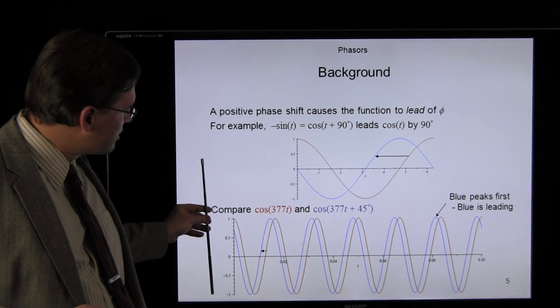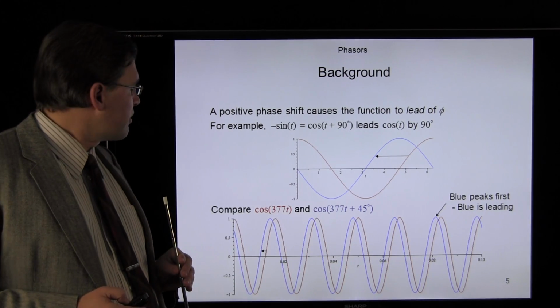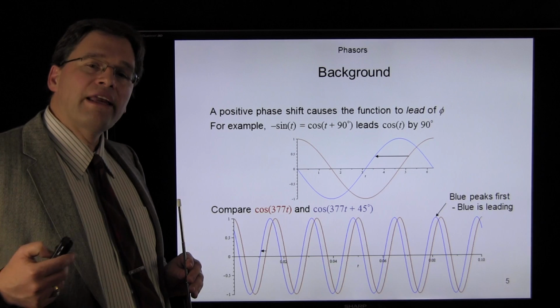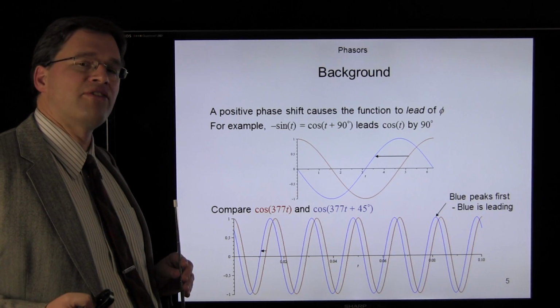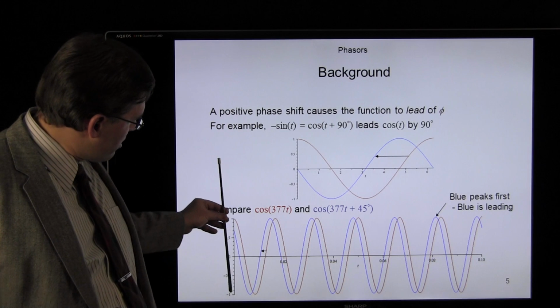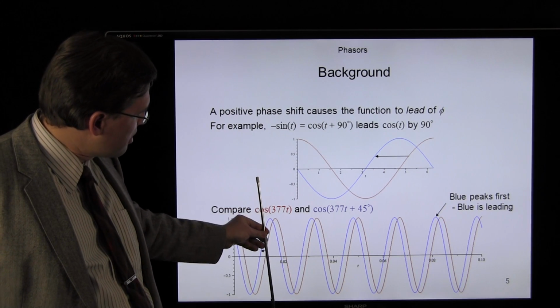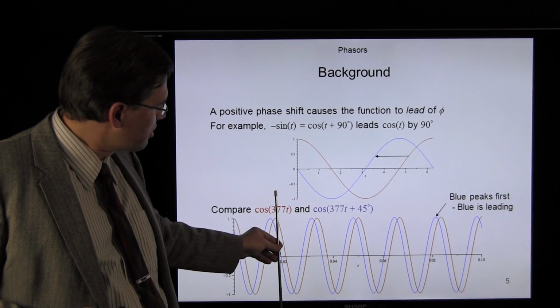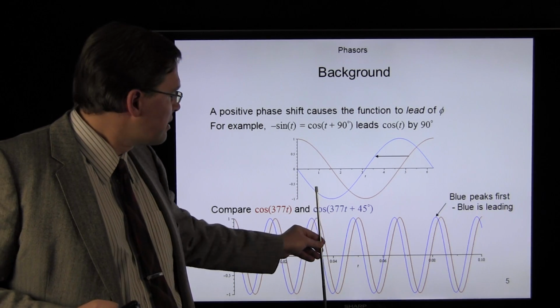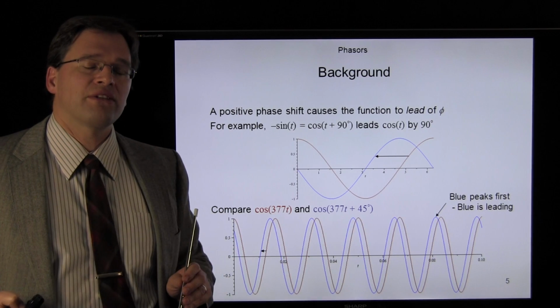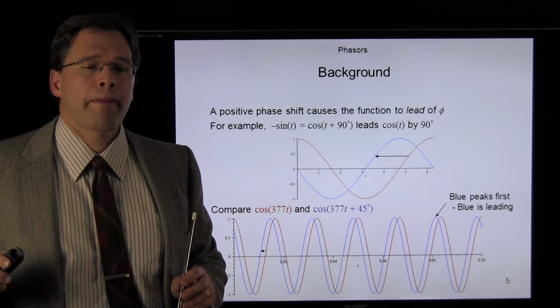The same thing happens if we look at cos of 377t and cos of 377t with a phase shift of plus 45 degrees. The blue function, the leading function, peaks first, and only after the blue function peaks does cosine of 377t peak.